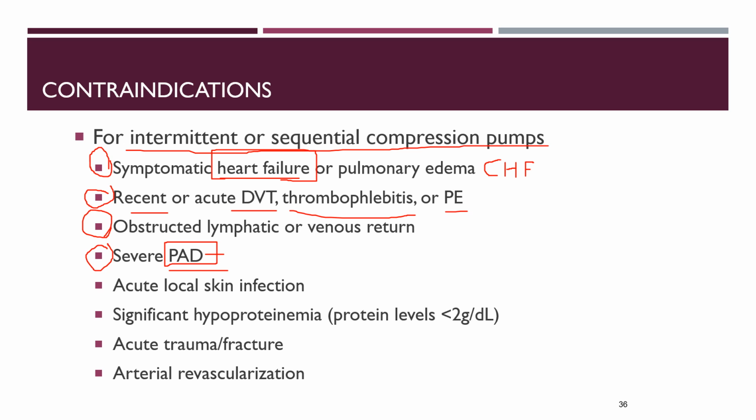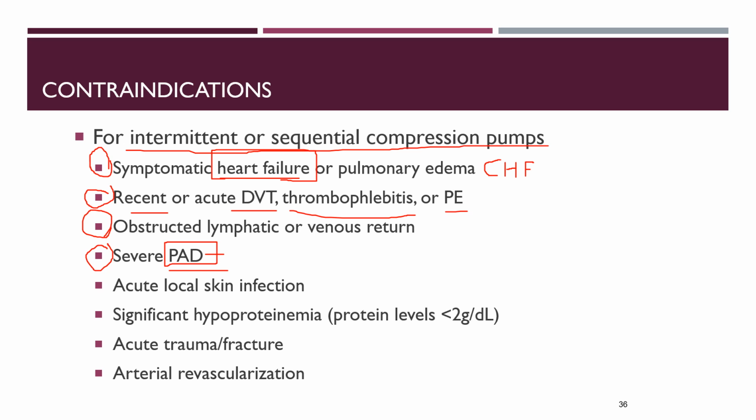We want those to be really close to each other. If we take blood pressure in the upper extremity and in the lower extremity, and the blood pressure in the lower extremity is much lower, then that means that we're not getting as much blood pressure to that area.